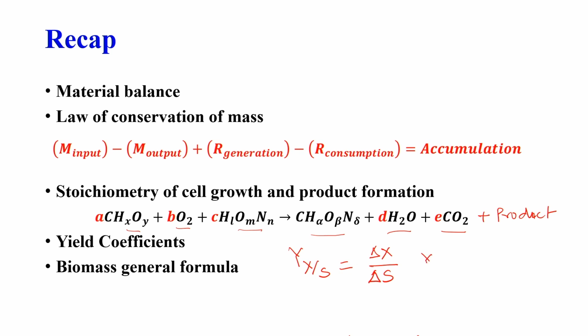Similarly, if I say Yp/s, this will be the amount of product formed per gram of substrate utilized. And when you want to start this stoichiometry relation, we need to know the general formula for biomass. That is what we discussed in the last lecture, that 4 major elements: carbon, hydrogen, oxygen and nitrogen constitute about 90 to 95% of biomass.